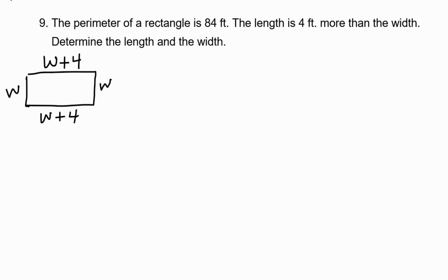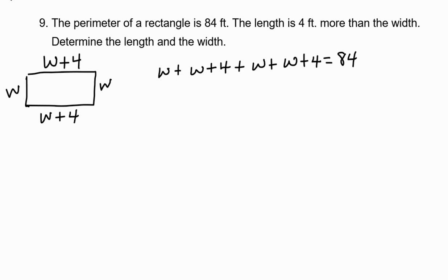So now I have my diagram with all sides labeled, and again I can use either perimeter formula or just add up all 4 sides. So I'm just going to add up all 4 sides. So I have W for the first side, W plus 4 for the second side, W for the third side, and W plus 4 for that fourth side, and those add up to be 84.